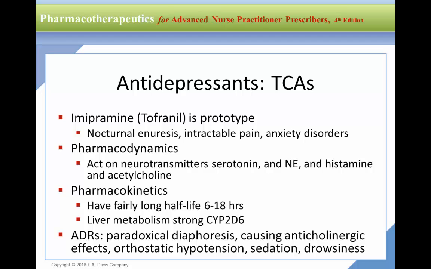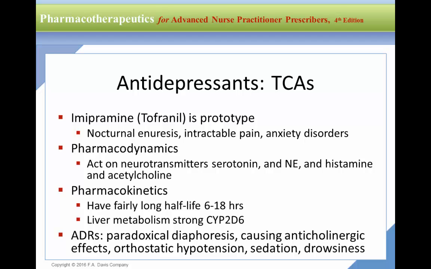So recent MIs, acute CHF, patients with cardiac arrhythmias, so patients that have declined inotropic function, and also cardiac conduction, because they slow depolarization at the level of the cardiac muscle, contributing to prolongation of the QRS complex and also the QT interval. So this is the reason why it is very important when patients are on TCAs to monitor the EKG baseline before starting treatment.